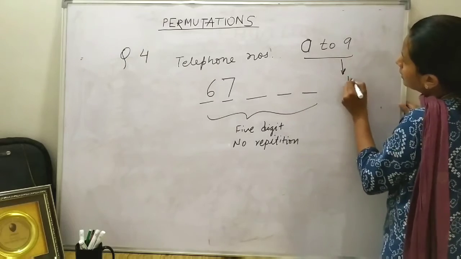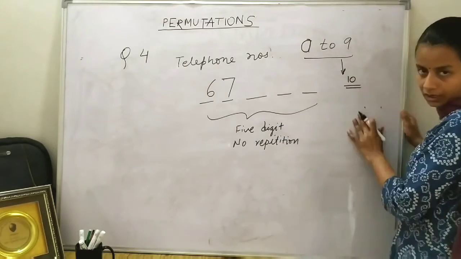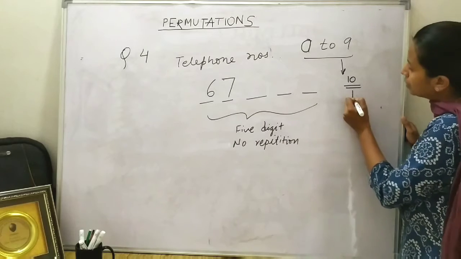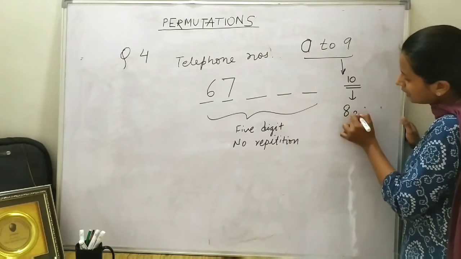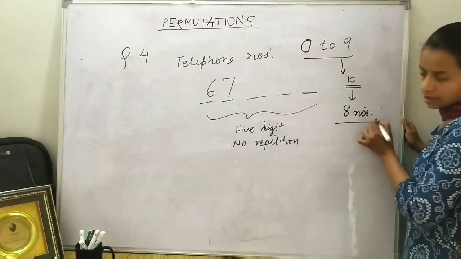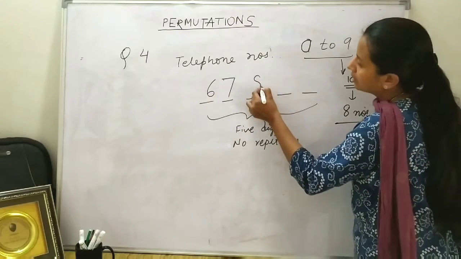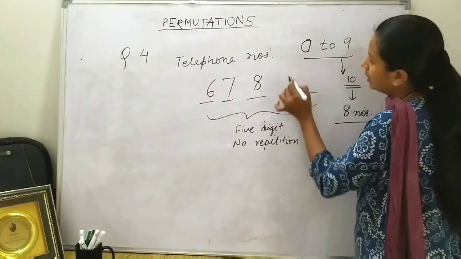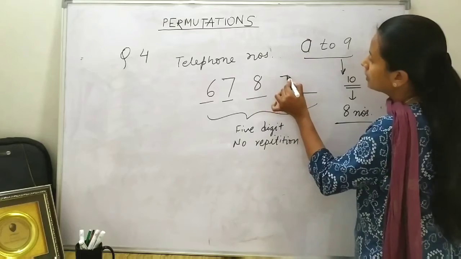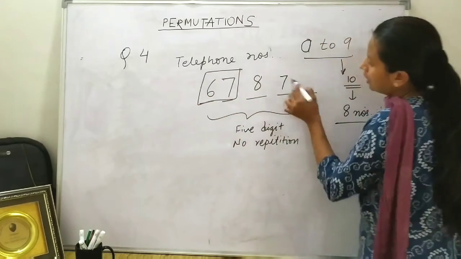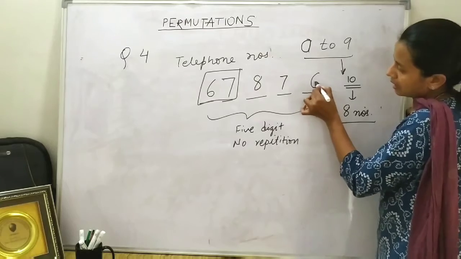But since there is no repetition and 6 and 7 always occur, we are left with only 8 numbers, right? So the first place can be filled with 8 options, second with 7 options, this is fixed, right? And third can be filled with 6 options.